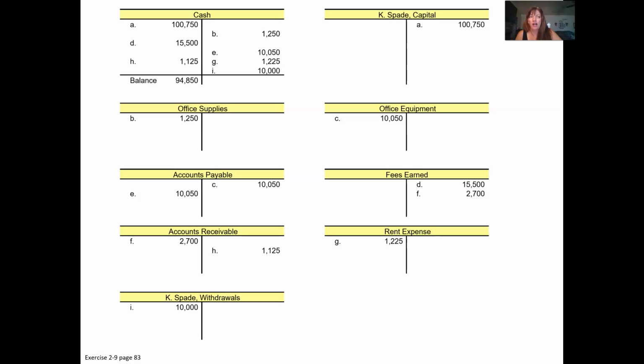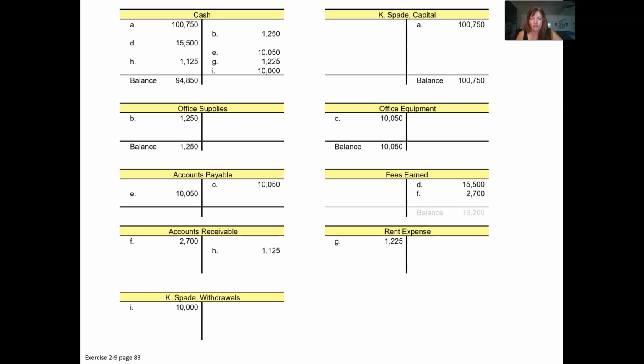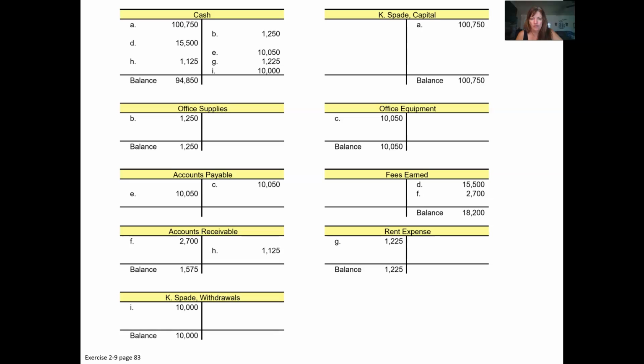The side with a higher balance, when you add each separately, is the side that your actual balance will go under. Some accounts only have one transaction, but you still want to draw a line and then write balance and the balance of each account, just to keep it consistent with everything.